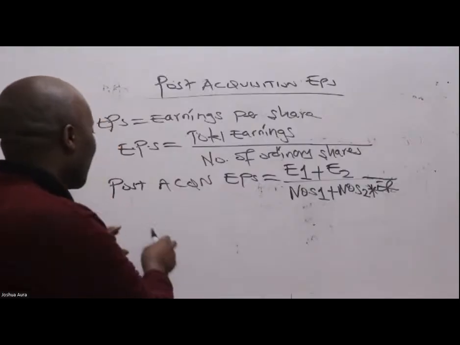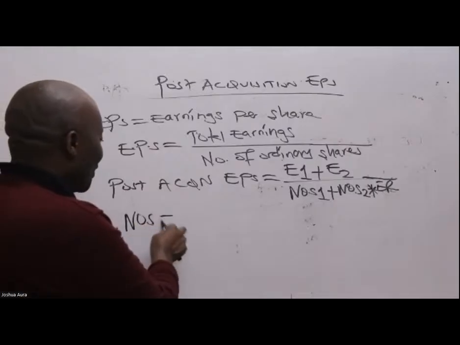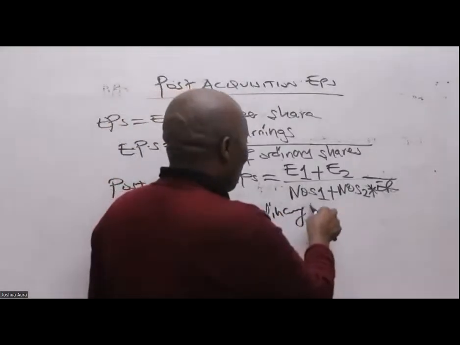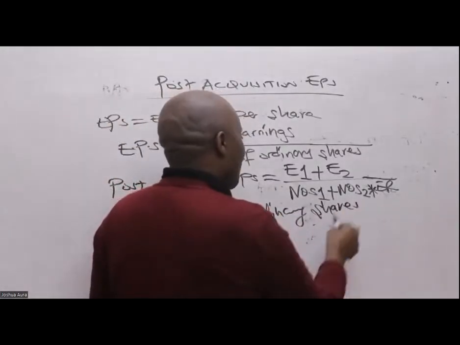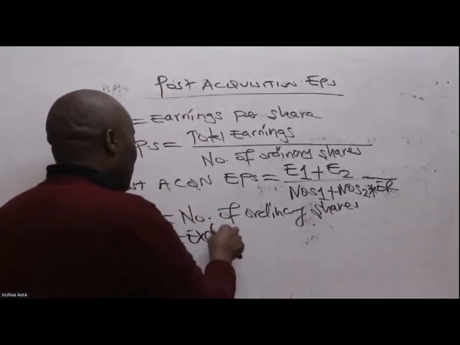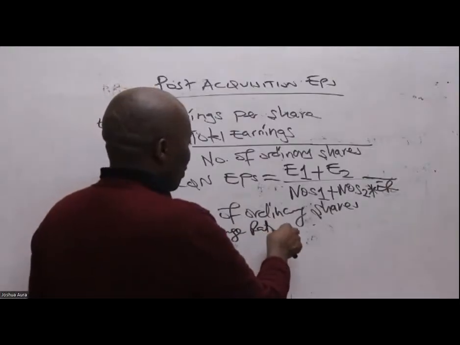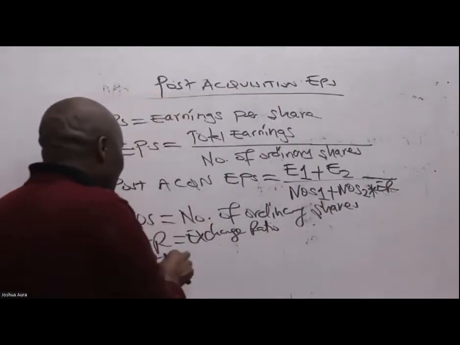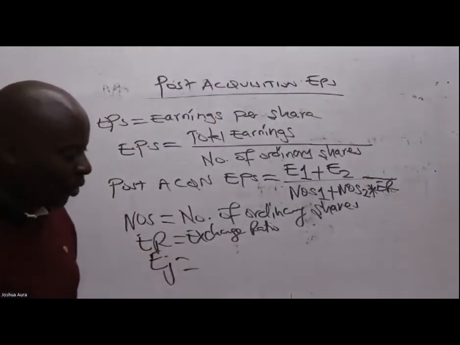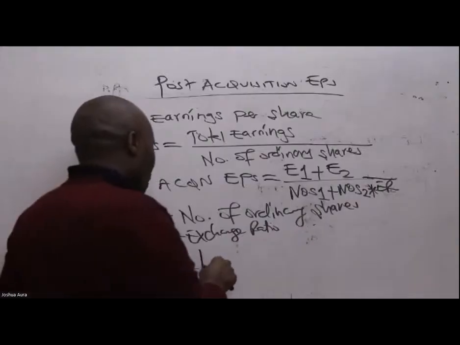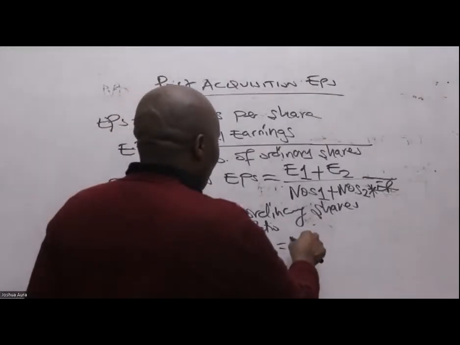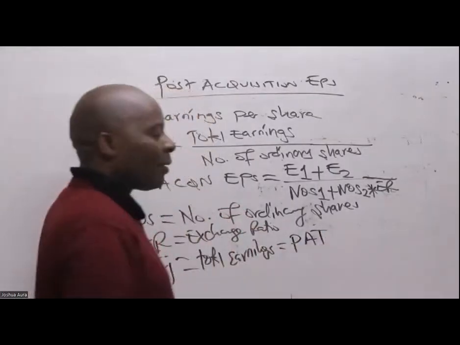So please don't forget that NOS stands for number of ordinary shares, and this ER stands for exchange ratio, and then we have EJ. J can be a number like E1, E2. So this EJ is the total earnings, and in our case, total earnings would always be the profit after tax part.